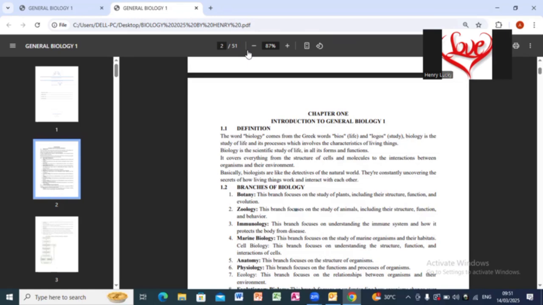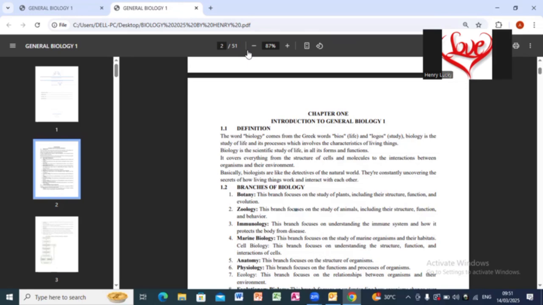That is, we are looking at their characteristics, which we commonly term as Mr. Niger D, where M is for movement, R is for respiration, N is for nutrition, I is for irritability, G is for growth, E is for excretion, and R is for reproduction. Then D is for death. Every living thing must pass through these particular processes for life to be successful in them.